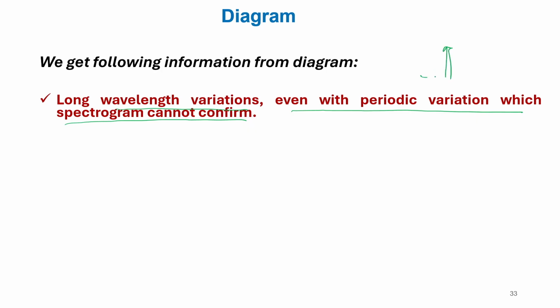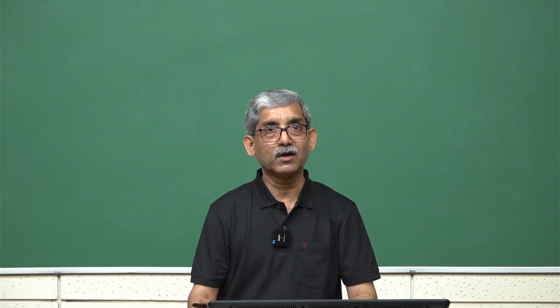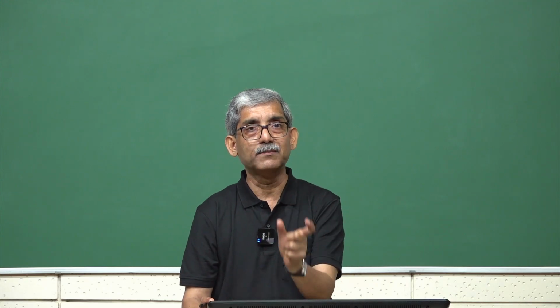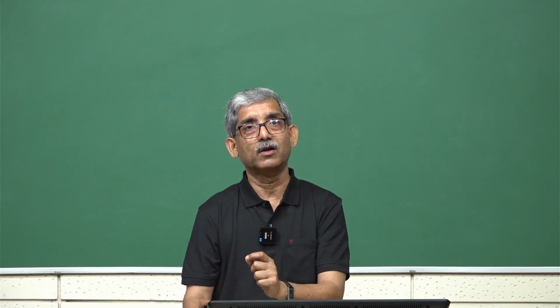In a spectrogram, as we will discuss, we get the periodic variation, but if it is a very long term variation, then the spectrogram may not be able to confirm it, because the number of times it repeats will be small.